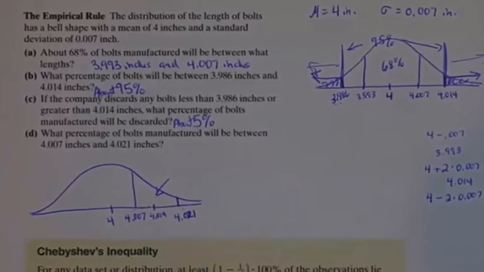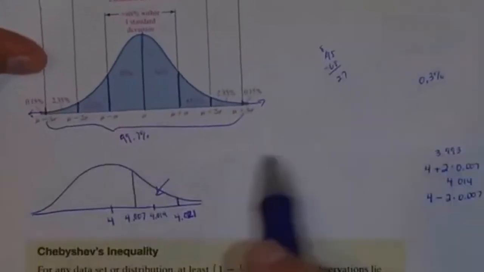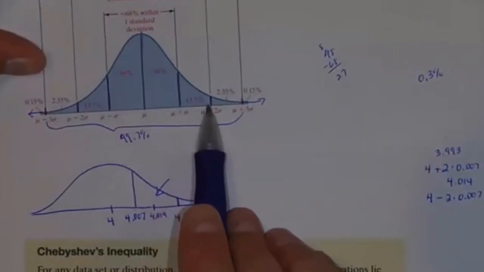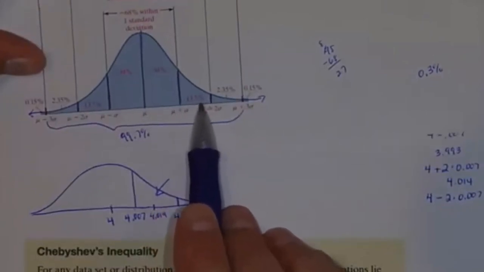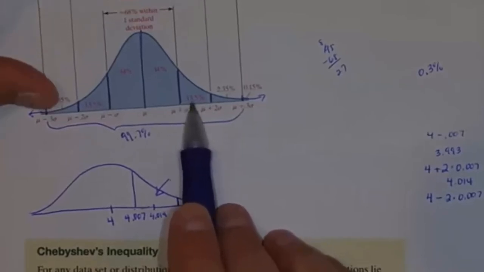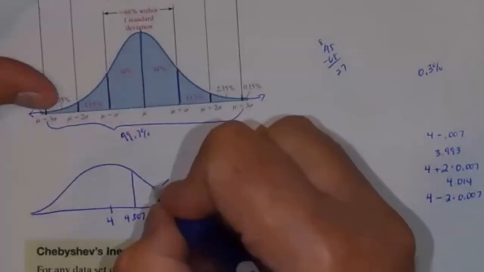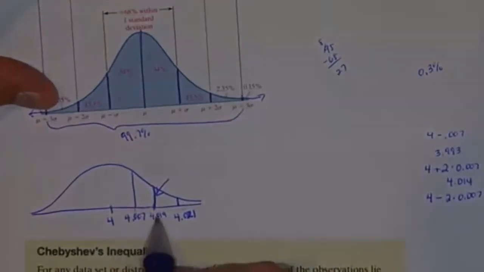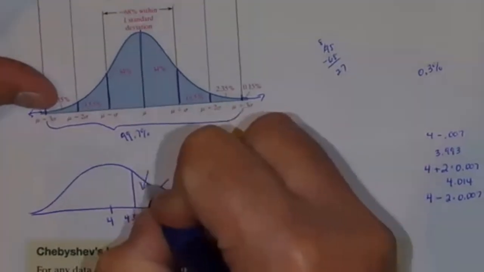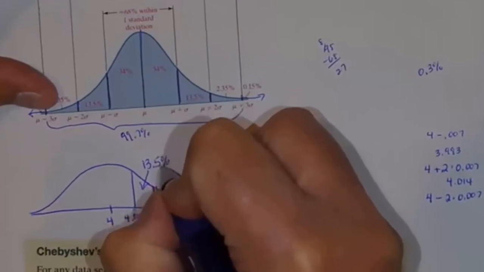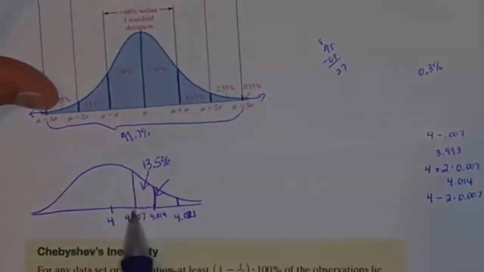So if I pull back in my previous figure that had this stuff calculated, I know that between 1 standard deviation and 2 standard deviations above the mean, about 13.5% of the bolts will be in that range. So in other words, between 4.007 and 4.014, right there is going to be about 13.5% of the bolts between this length and this length.